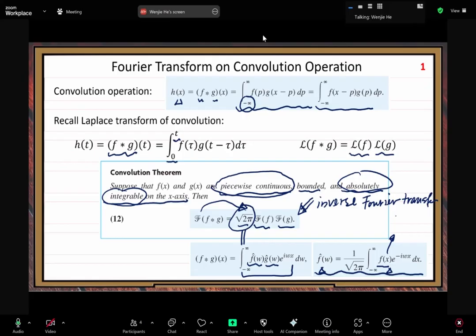For simplicity, let's just say time domain. Then this side, the transform, is a completely different domain. The domain here we call the frequency domain.